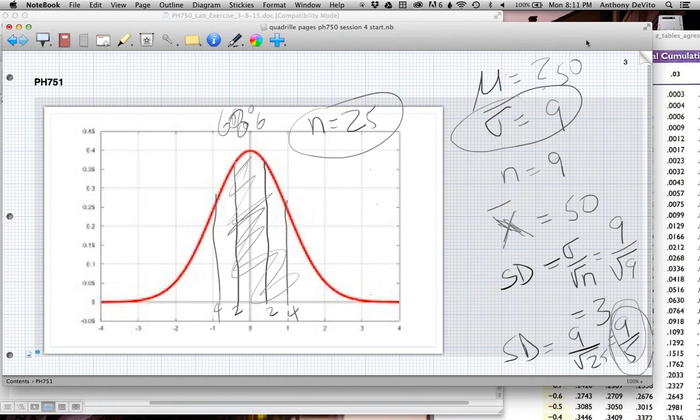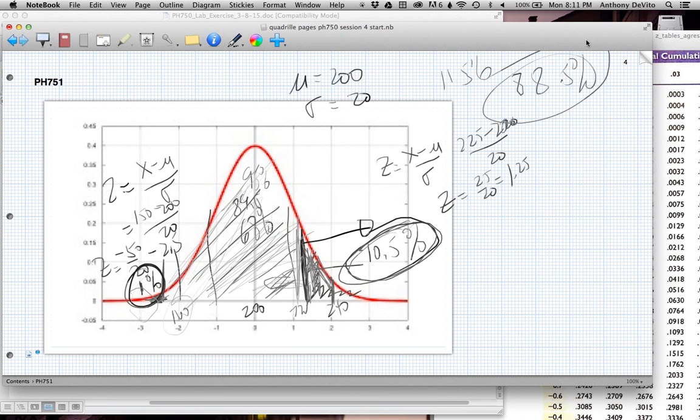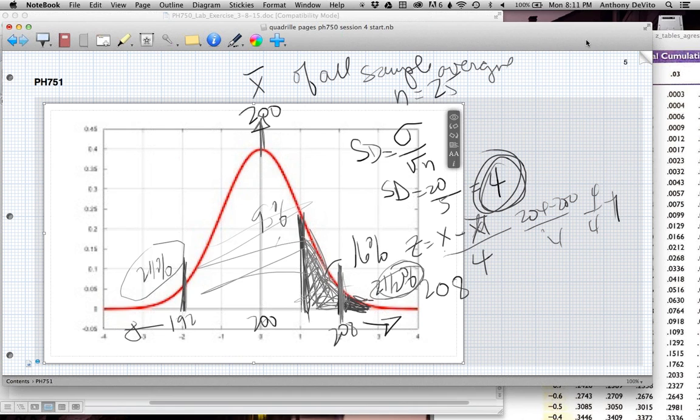Okay, in our first look at that first problem, we discussed that the mean of the entire population was 200 and the standard deviation for the entire population was 9, right? Then we looked at the dynamics of taking repeated samples from that same population. We expect the mean to be 200 again, because we're taking repeated samples, half the time above that, half the time below. But we have a new standard deviation.